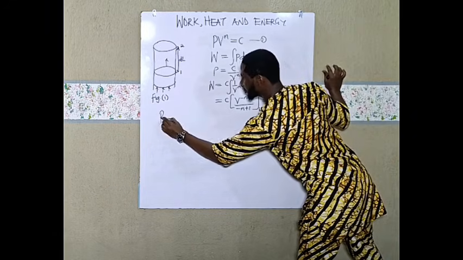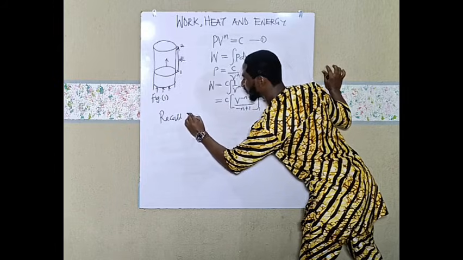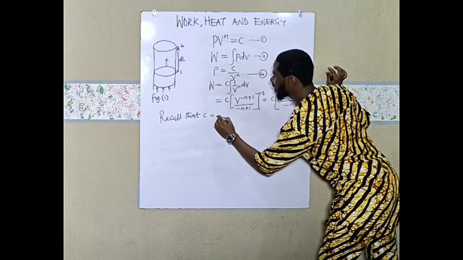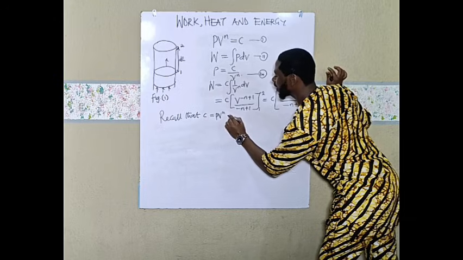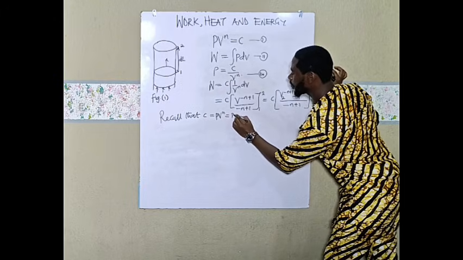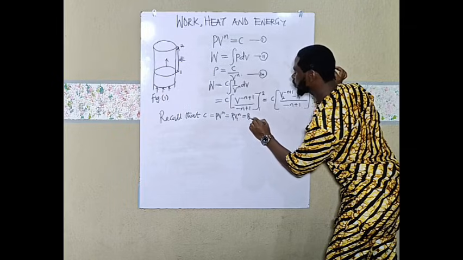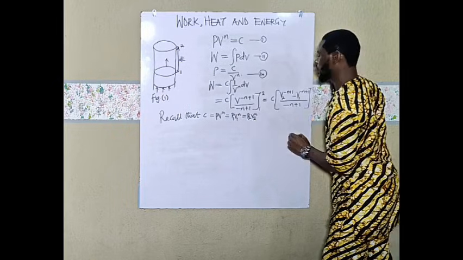Recall that C is defined as PV raised to the power of n, which is also P1 V1 raised to the power of n, the same thing as P2 V2 raised to the power of n.